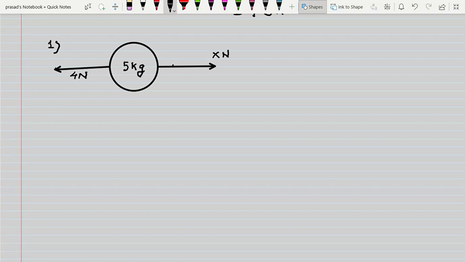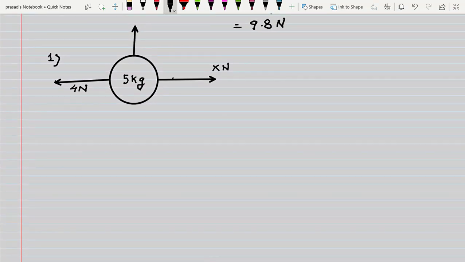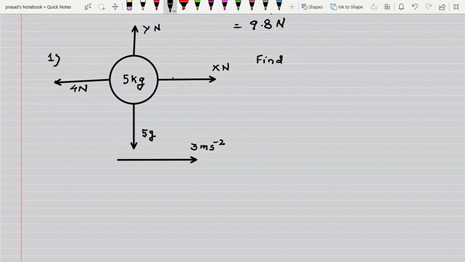A force of y Newton is acting vertically upwards. And obviously, how much force will act vertically downwards? Because the mass of the object is 5 kg, its weight, that is 5g, will act downwards. Now it is given that this object is accelerating towards the right, at a rate of 3 meter per second square. So you have to find x and y.